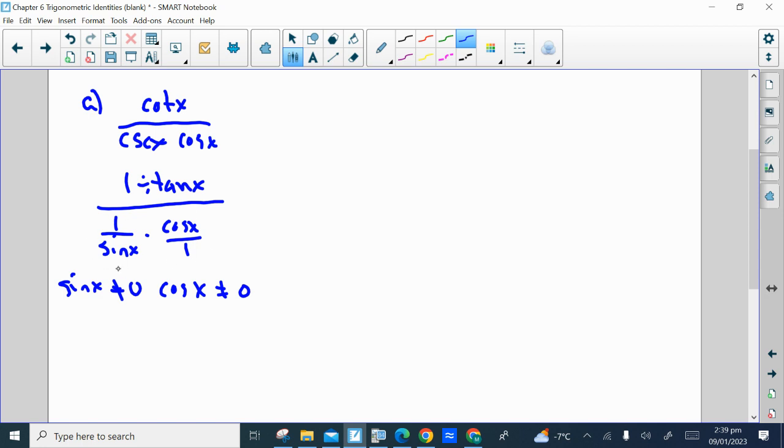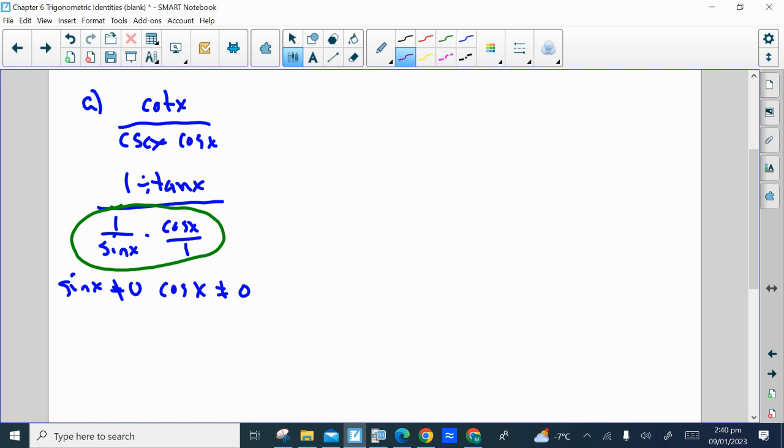The bottom part is 1 over sine x times cos x over 1. They're both in the denominator position as well because they're both under the 1 divided by tan x. We've already dealt with that from above. Looking at this denominator that I'll circle in a different color doesn't add to our list of non-permissive values. It's the same as what we had from before.